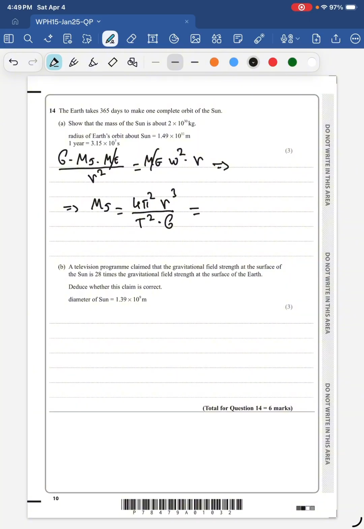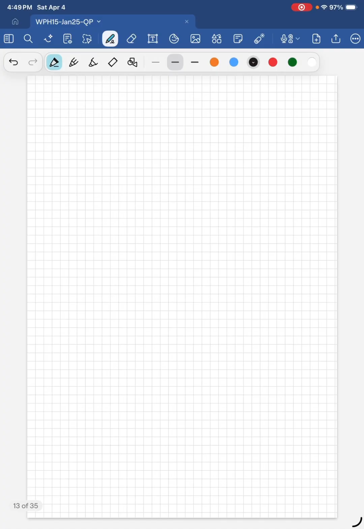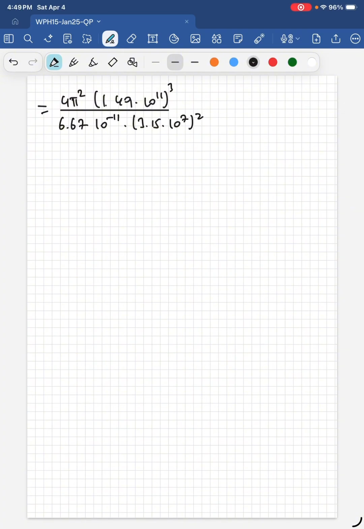Okay, so let's use a clean page to write down the numbers. So this is 4 pi squared times 1.49 times 10 to the 11 cubed over 6.67 times 10 to the negative 11 times 3.15 times 10 to the 7 squared, which is the period squared.